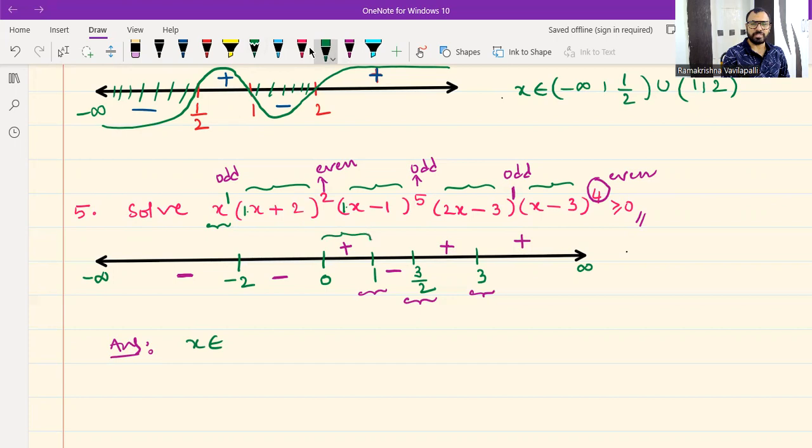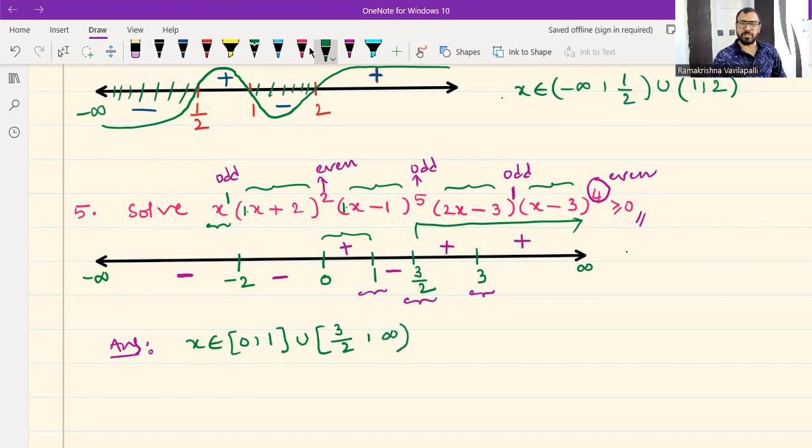Here is a positive sign and here is a positive sign. So x belongs to 0 to 1, closed because we want greater than or equal to 0, union 3 by 2 to infinity.